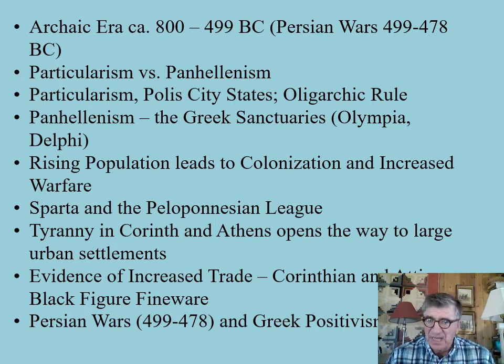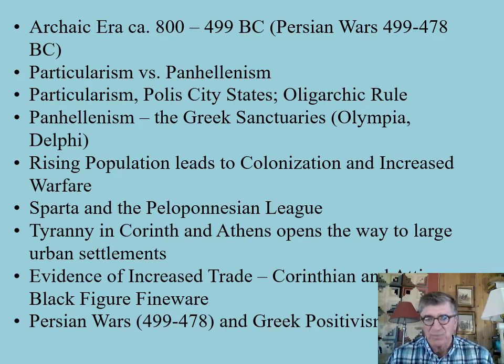Other cities, however, went with the colonization and trade. And so, as they grew larger, there were problems internally, and ultimately, leaders known as tyrants emerged. A tyrant was a popular leader, usually who seized power in his city state from the oligarchy, usually with widespread popular support.